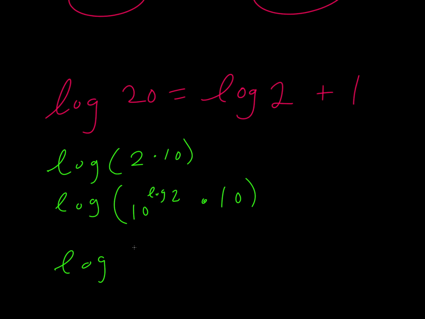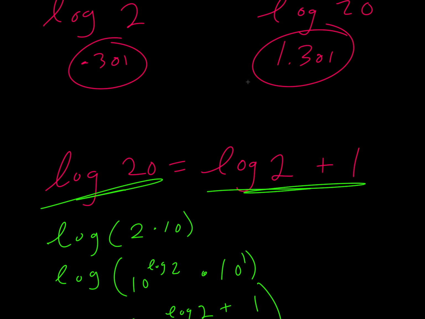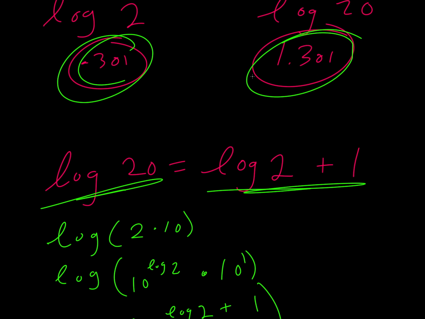So we get log of 10 raised to the log 2 plus 1. That's all one exponent, because the exponent on the 10 was just 1. Then if we apply the log, remember this is log base 10, so it cancels the 10, and then we have log 2 plus 1. That's the reasoning on how this equals this, and we saw with technology that that holds up as well.